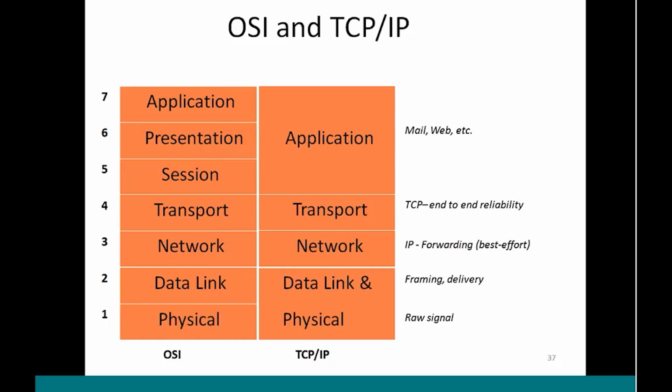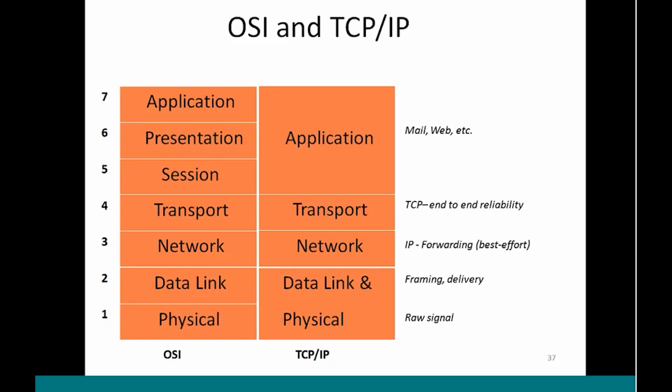OSI deals with how it is then transmitted. The layers are presentation, session, transport, network, data link, and then physical. Physical is where the actual communication happens through the wires, and we don't even call it bits; it's basically just voltages.